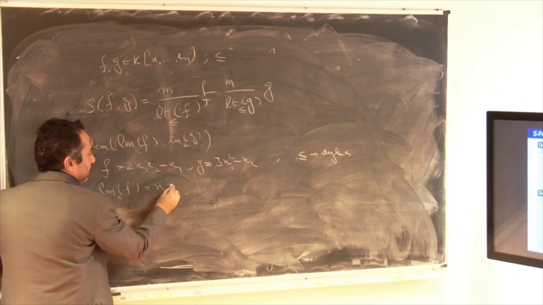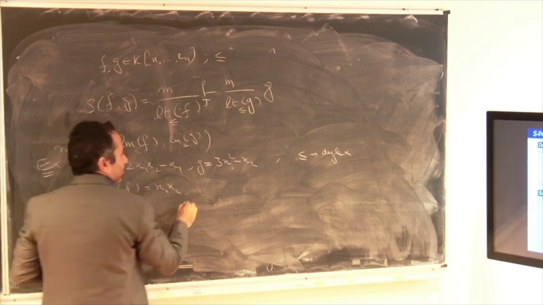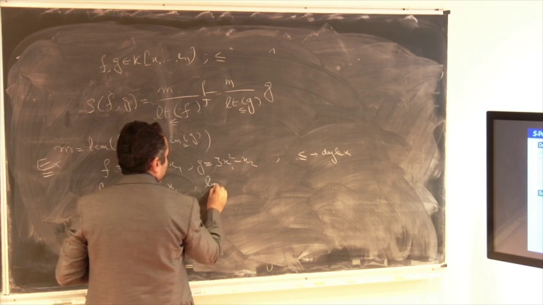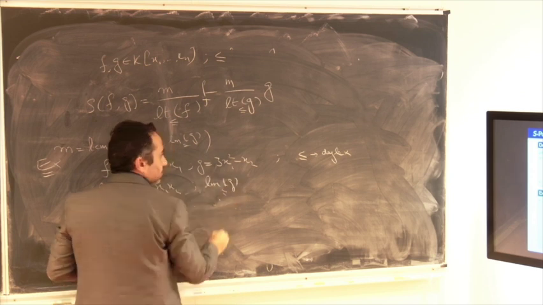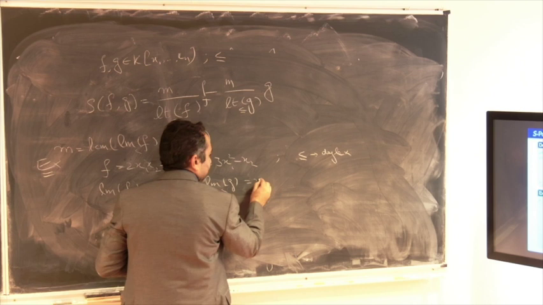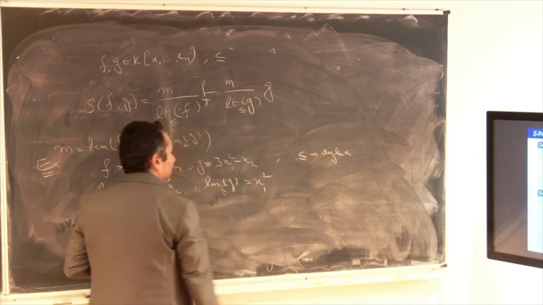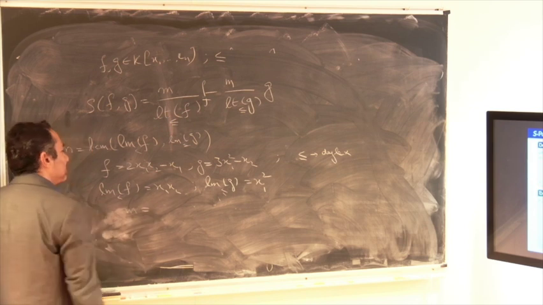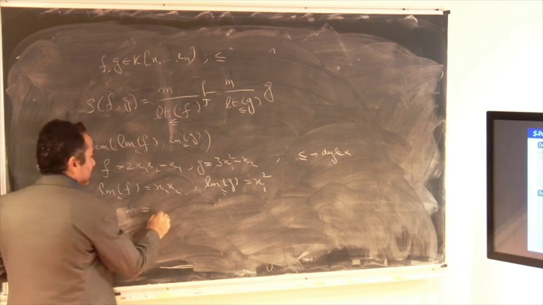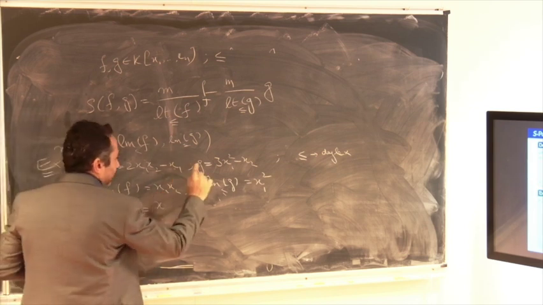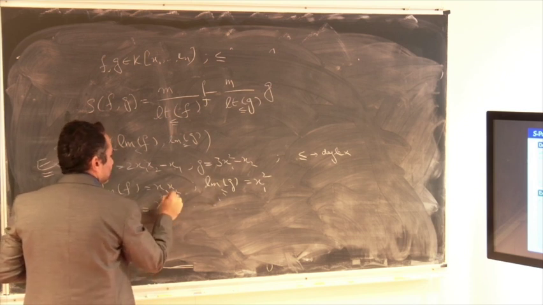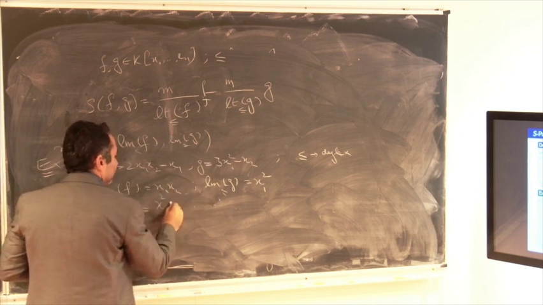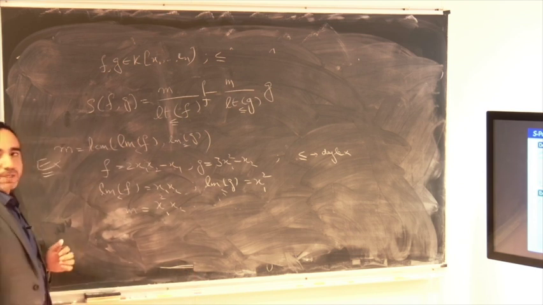It is x1x2, and the leading monomial of g with respect to this ordering is x1^2. And what is m, which is the LCM of these two monomials? The power of x1 is 1 there and 2 there, so we get x1^2, and x2 has power 1 there and 0 there, so we get x2. So m is x1^2 x2 in this case.